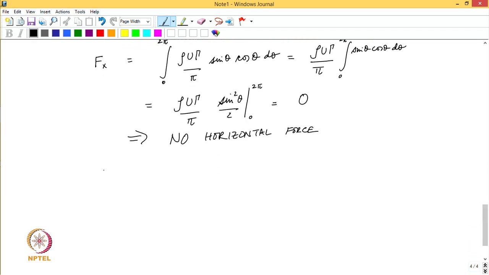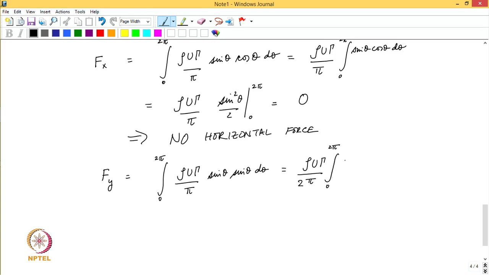Now, what about the vertical component F y? This will be the integral of rho u gamma by pi sin theta, with another sin theta d theta. We can pull out rho u gamma by pi, and we will have a sin square theta. I will multiply and divide by 2 in the numerator and denominator, so we have 2 sin square theta in the numerator.